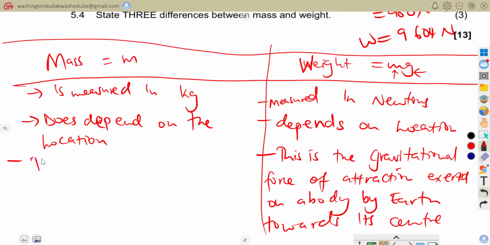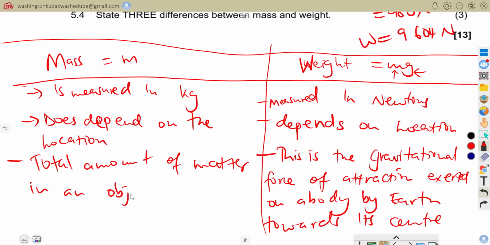And then mass is the total amount of matter in an object.